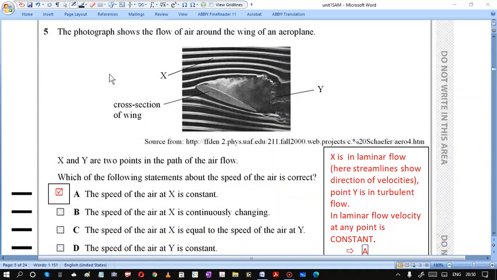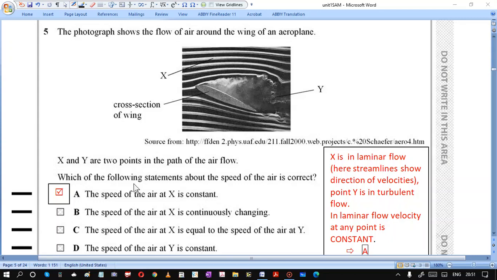The photograph shows the flow of air around the wing of an airplane. So what we see here? We see streamlines which show laminar flow. Along a streamline, it shows the direction of velocity. So here we have velocity and constant speed, and here we have turbulent flow.